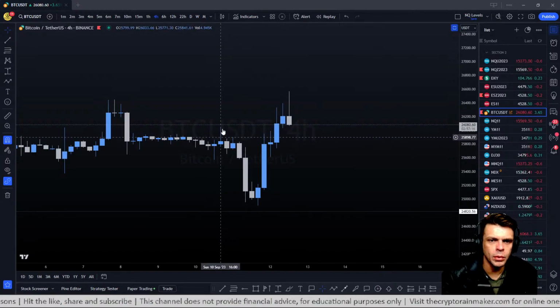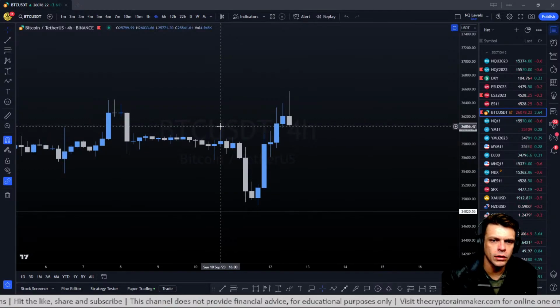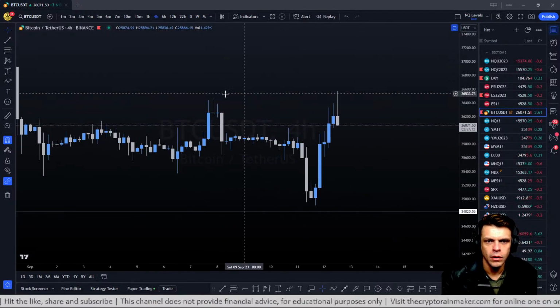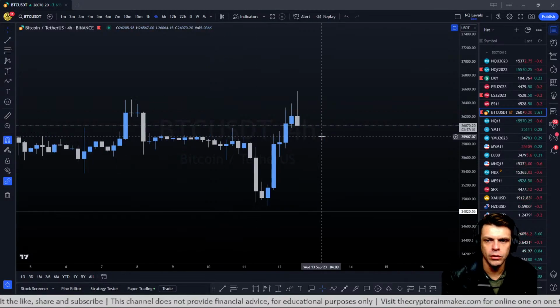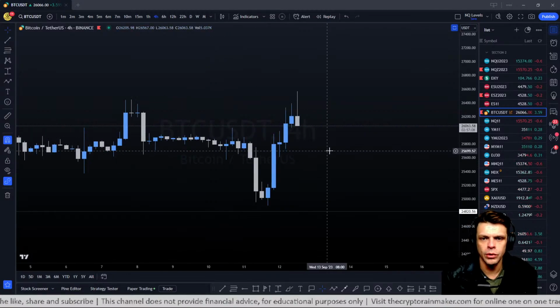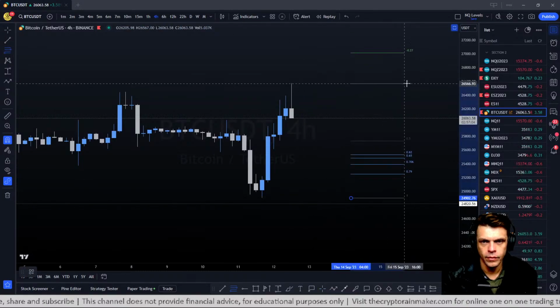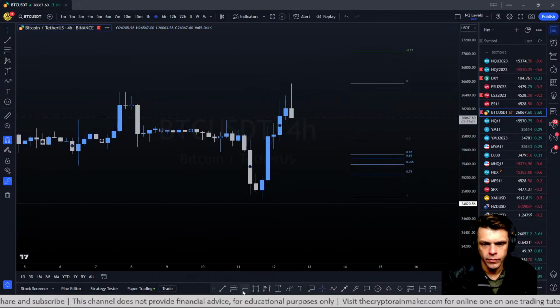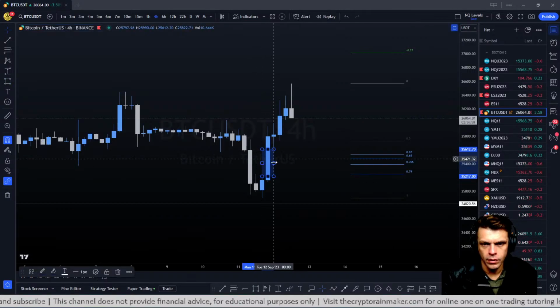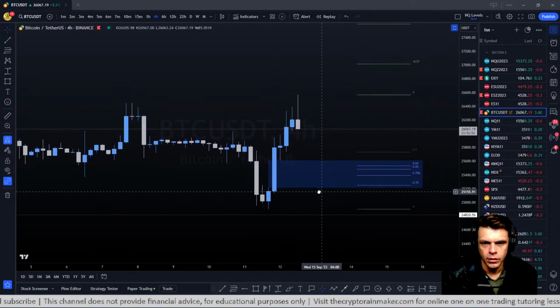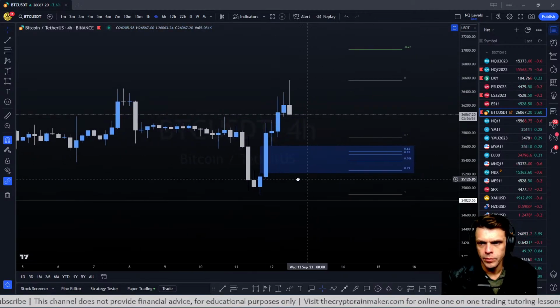And now we are displacing above the most recent lower high. Also took out buy side liquidity right there. So it seems likely we retrace a bit. Look at this level right here.